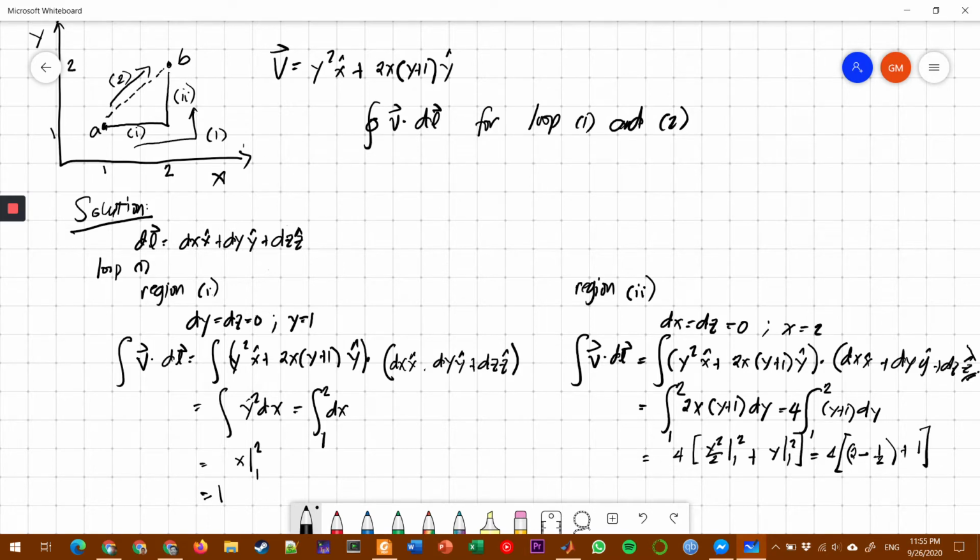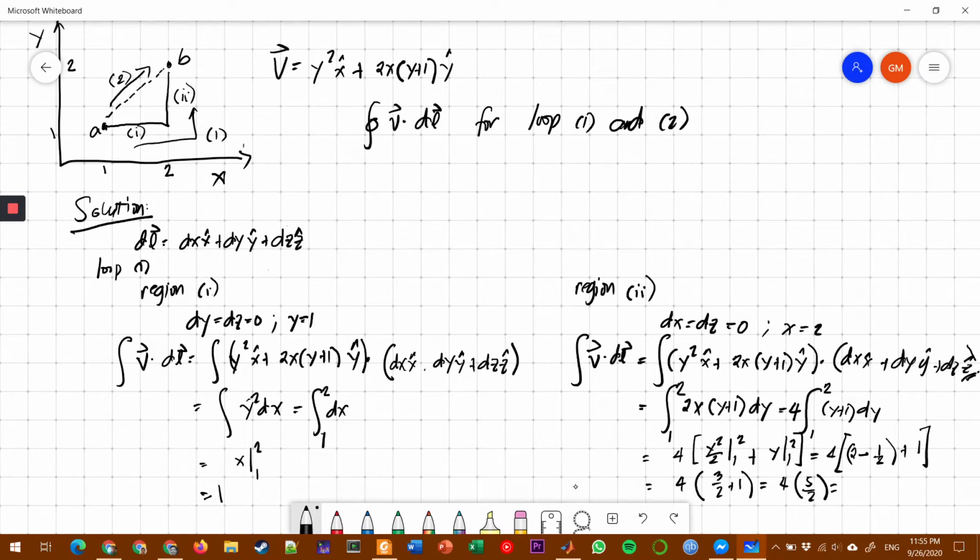Okay, so you have 4 times 2 minus 1/2, so you have 1 and 1/2, or that's 3/2 plus 1, and 4 times 3/2 plus 1, that would mean 4 times 5/2, which is 10, plus the 1 from region 1 gives 5/2.